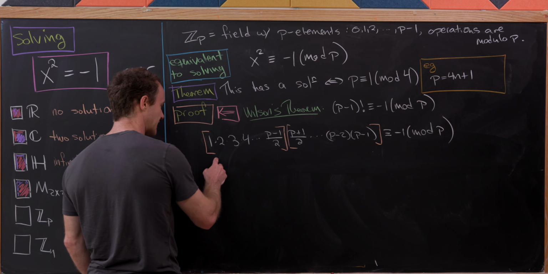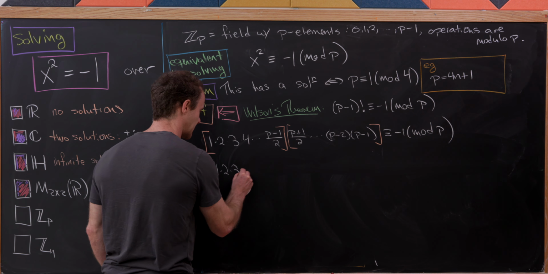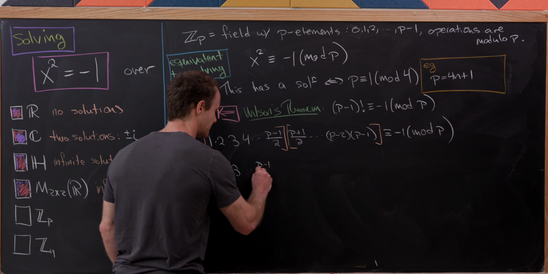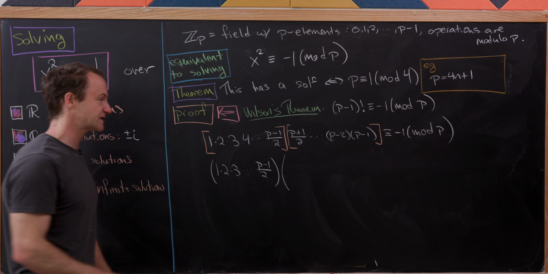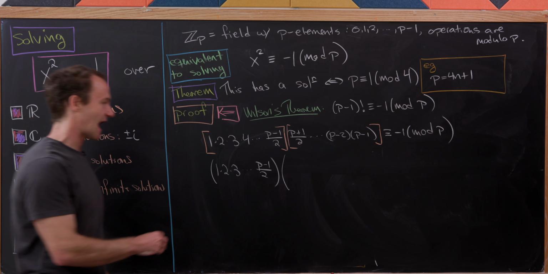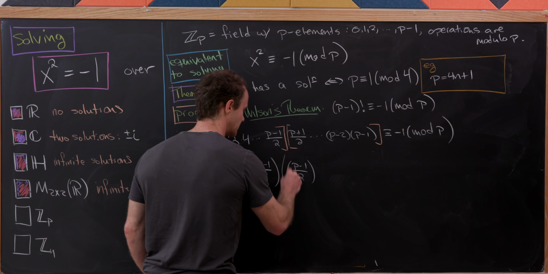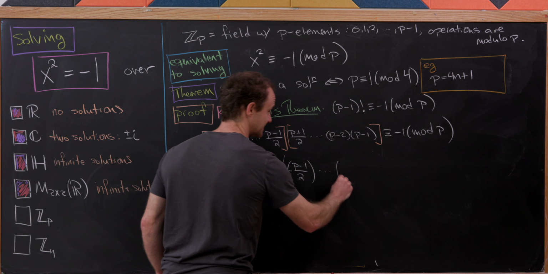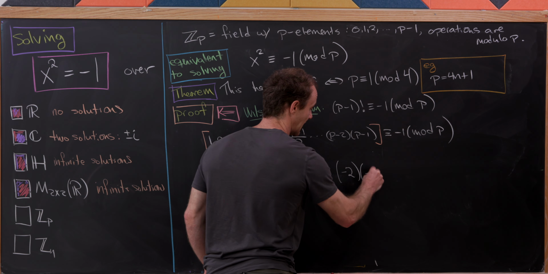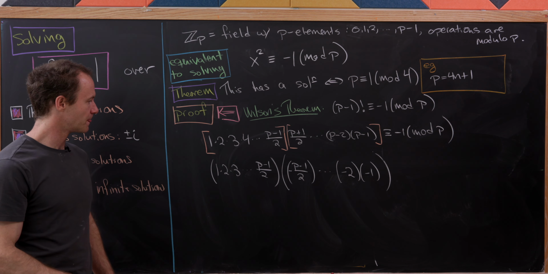So let's just bring this first term down. We have 1 times 2 times 3, ending at (p-1)/2. And then this (p+1)/2 is actually the same thing as negative (p-1)/2. And then that's going to end down here at p-2, which is the same thing as negative 2, and p-1, which is the same thing as negative 1.